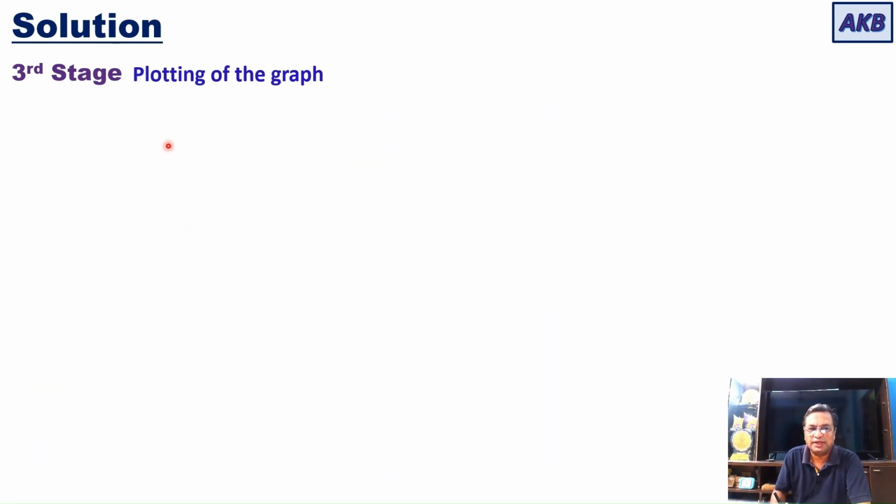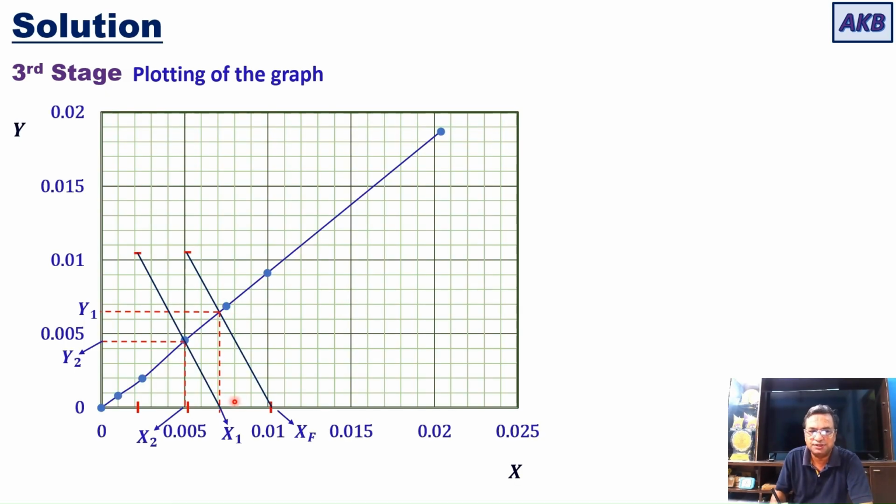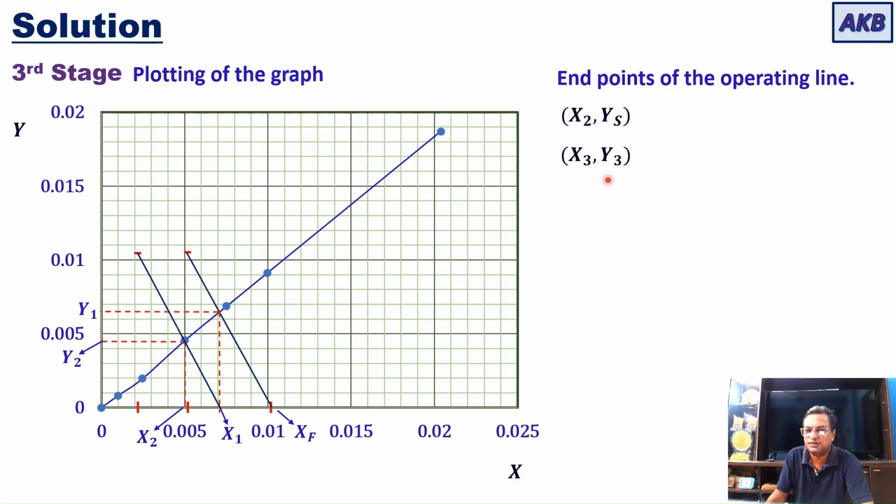So now let us look at the graph. We will take our previous graph into our discussion. So far we have plotted the operating line for the first 2 stages. Now let us plot the operating line for the third stage. The endpoints for the operating line for the third stage: one endpoint is capital X2, Ys, this is known to us. The other endpoint is x3, y3.